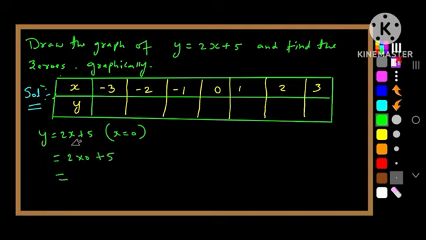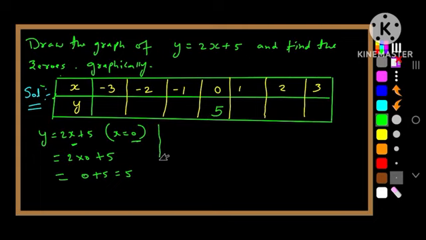Here in place of x I have to substitute 0. So 2 into 0 is 0. 0 plus 5 is 5. So for the x value of 0, we are getting the value of y as 5.